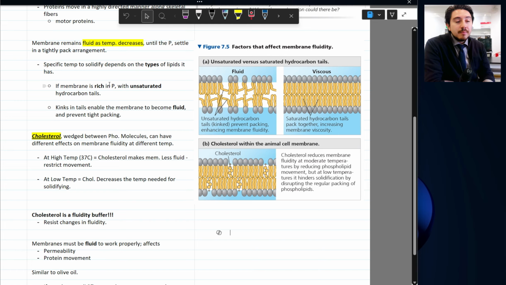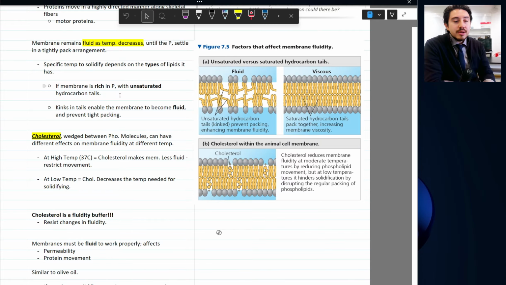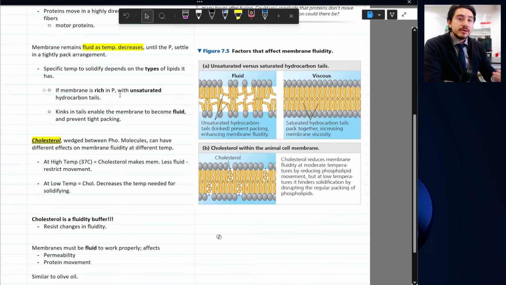If a membrane is rich in phospholipids with unsaturated hydrocarbon tails, that determines how fluid it is. The more kinks you have in these tails, the more fluid the membrane will become, and that will prevent tight packing. The more kinks, the more spaces you have, which means you can be more fluid.